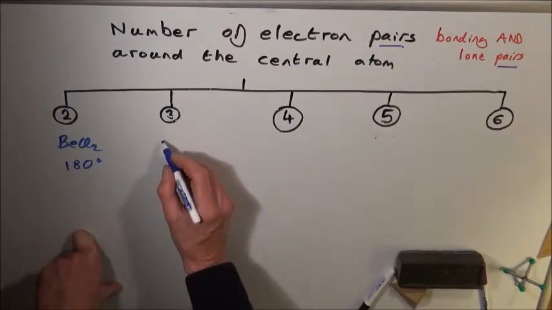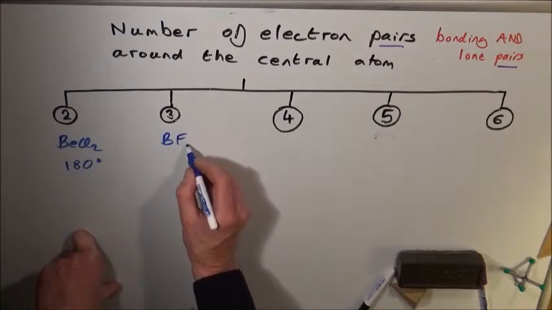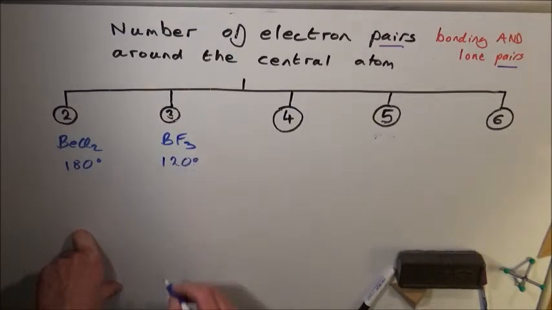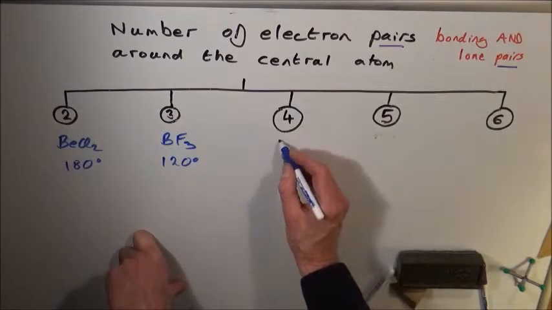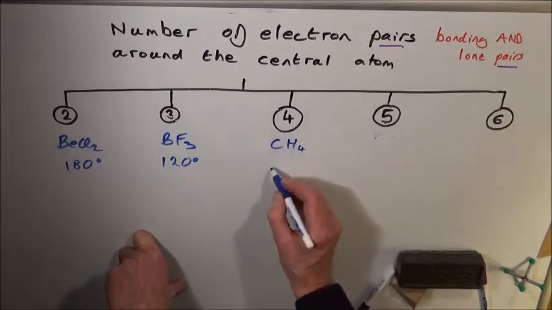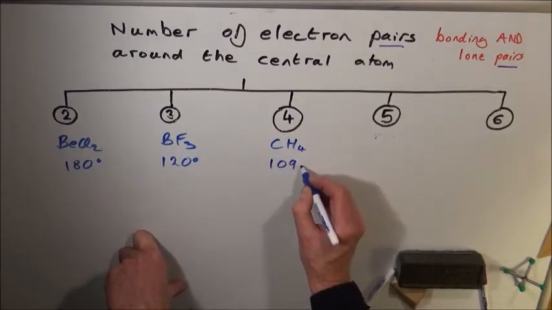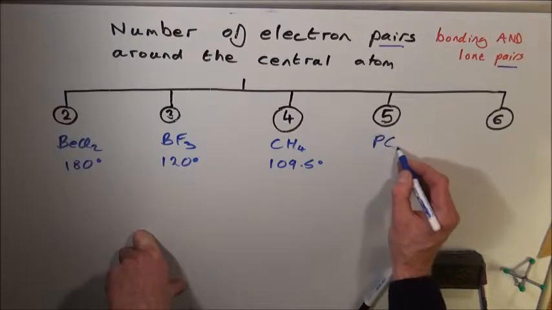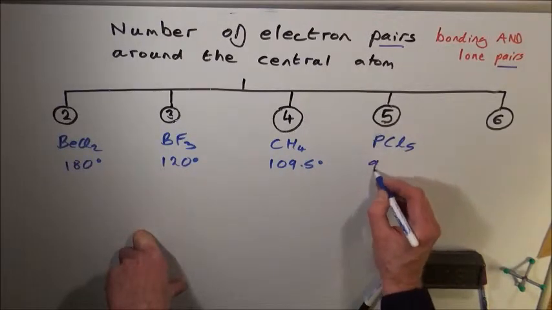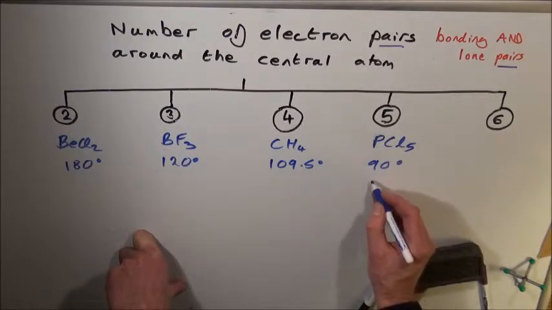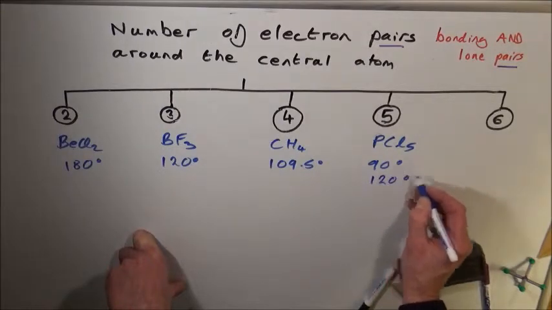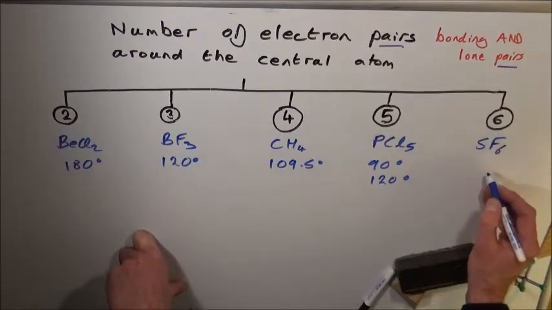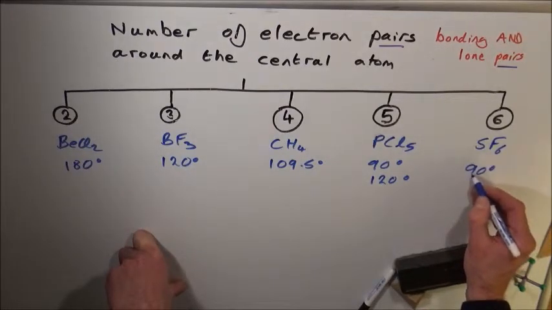If it's 3, the textbook example is BF3 and it's 120 degrees. If it's 4, the textbook example is methane and it's 109.5 degrees. If it's 5, the textbook example to remember is PCl5, and you've got 90 degrees and 120 degrees. And if it's 6, the one to remember is SF6 and the bond angle is 90 degrees.